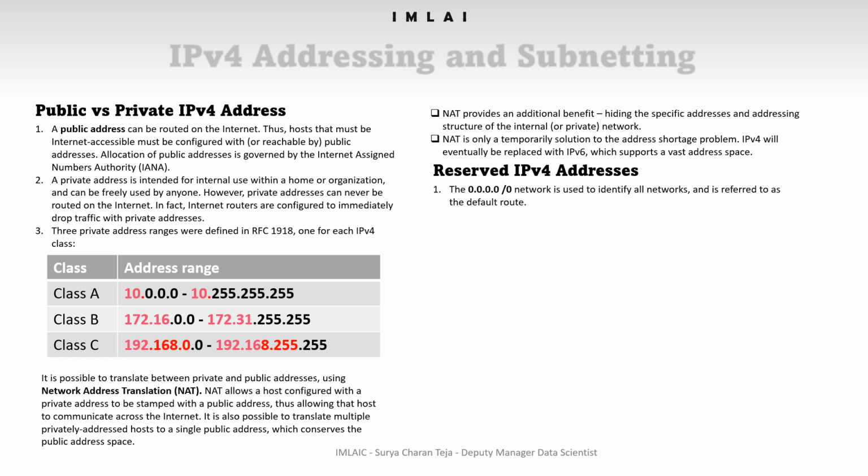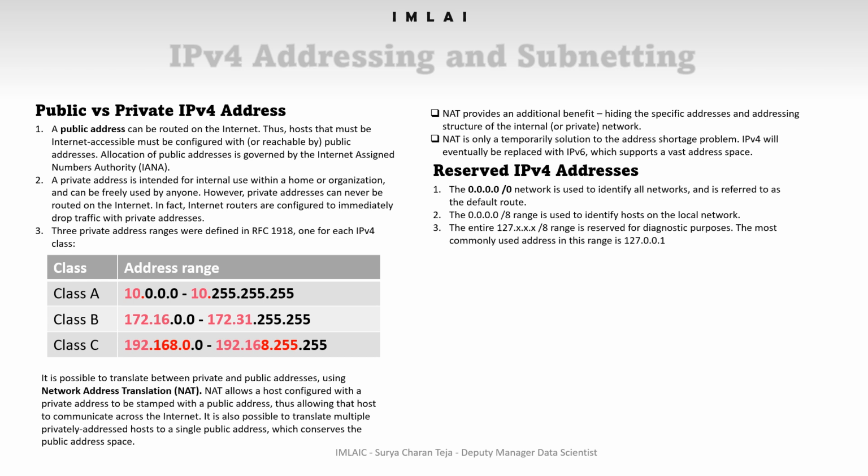Then the third, the entire 127.x.x.x/8 range is reserved for diagnostic purposes. The most commonly used address in this range is 127.0.0.1. Then the next one we have is the 169.254.x.x/16 range.